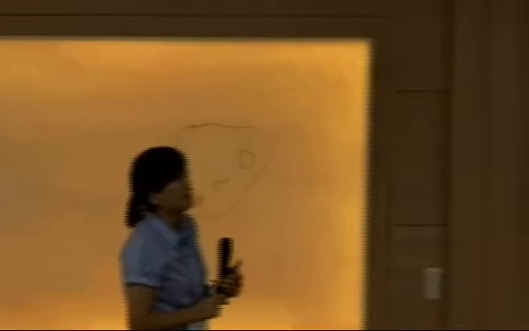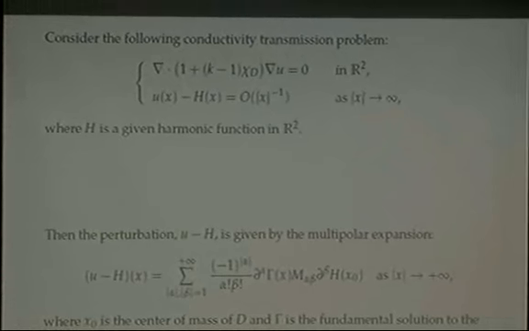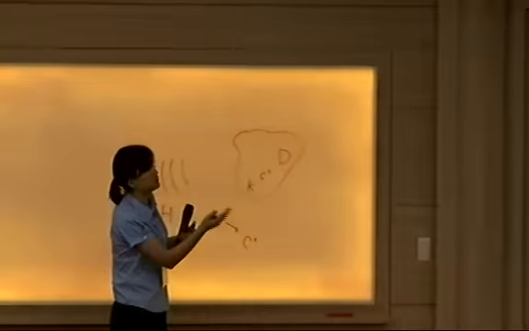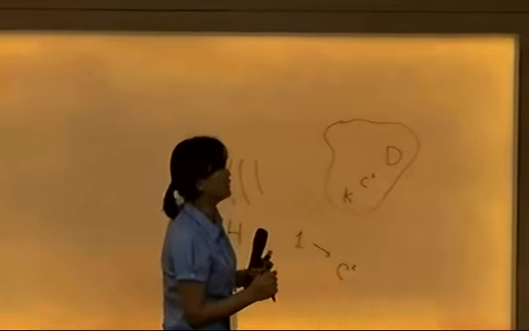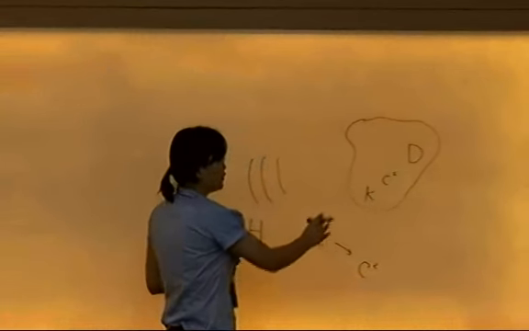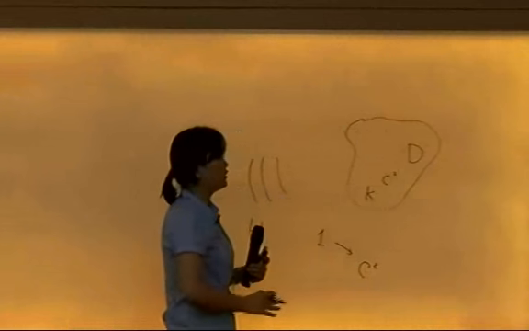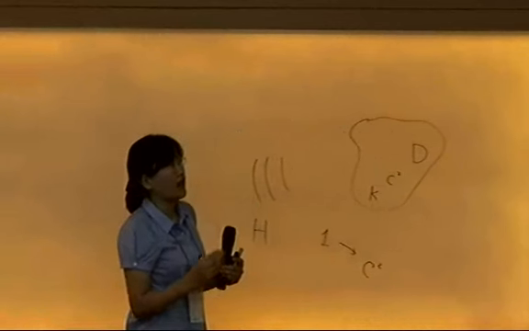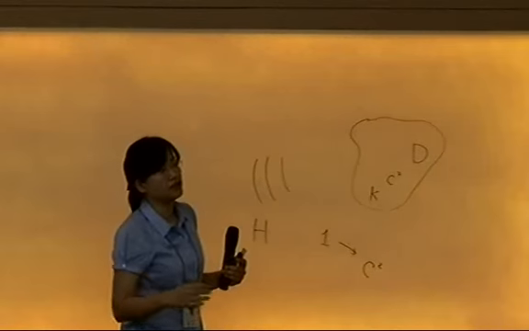And then the question is, when you apply an electromagnetic wave, in this case just a harmonic function H, then if you don't have this obstacle, Laplace of H is 0.